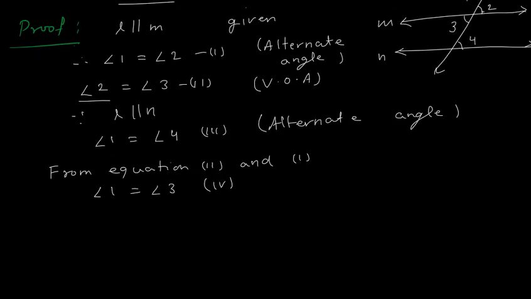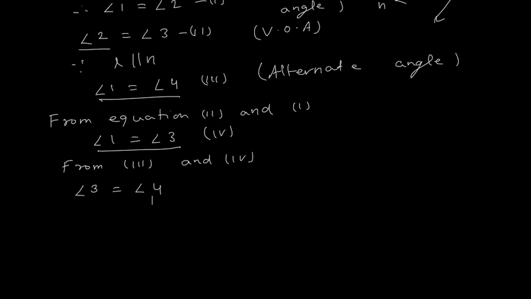And from 3 and 4, if you see this third equation, 1 is equals to 4 and 1 is equals to 3. So from 3 and 4 I will say that angle 3 is equals to angle 4. So angle 3 and angle 4 are equal. Now this angle 3 and angle 4, they are alternate angles, and alternate angles are equal.